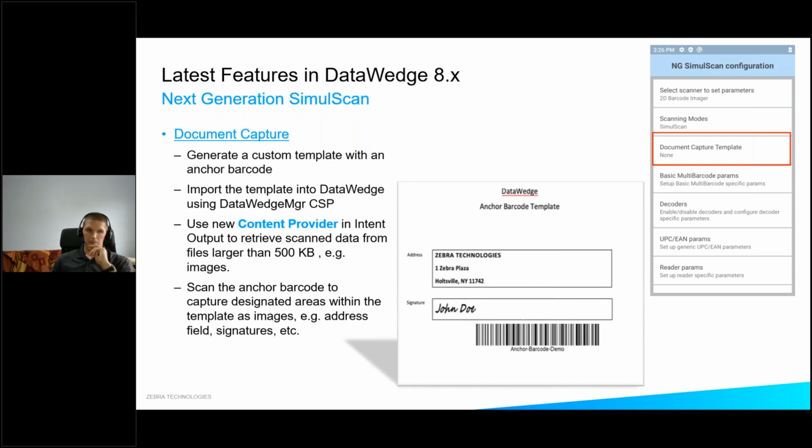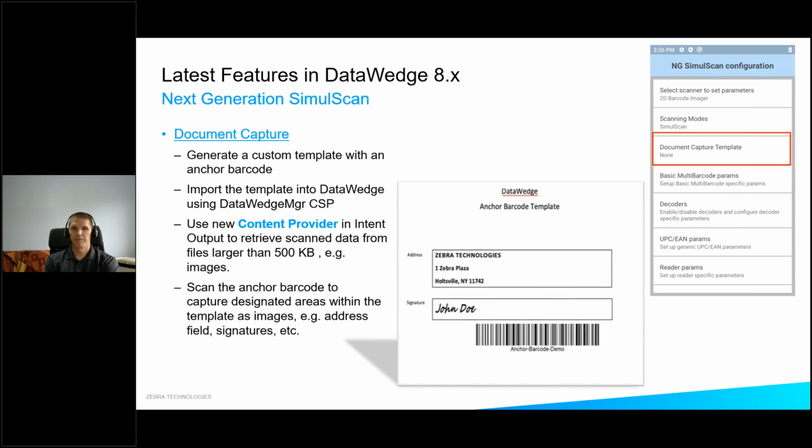DataWedge Manager CSP would be used to import the template XML file so that it can be selected within DataWedge. Once imported, you would tap on the Document Capture Template option, circled in red here, which would then display a selection of imported templates. Once the template is selected, the template name would be displayed here rather than none, which is what you see underneath the Document Capture Template field.